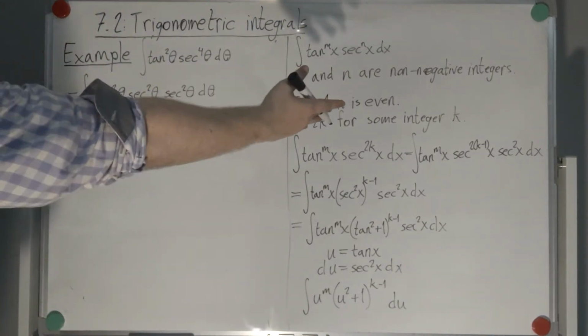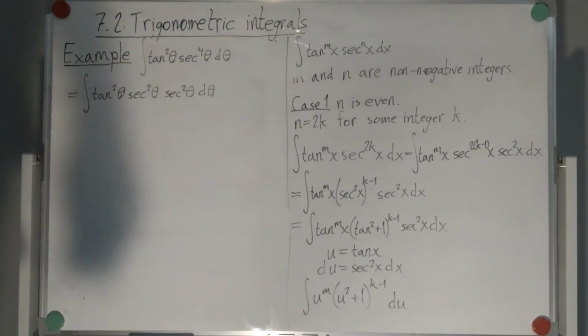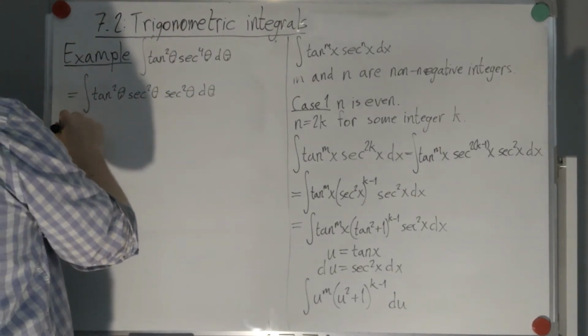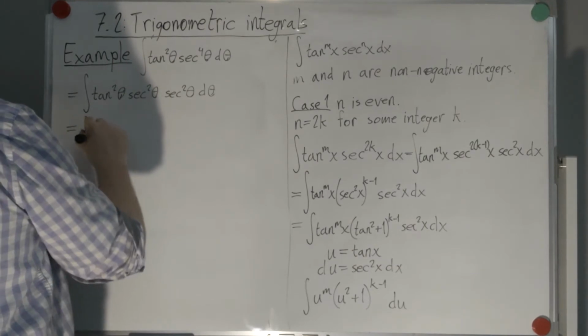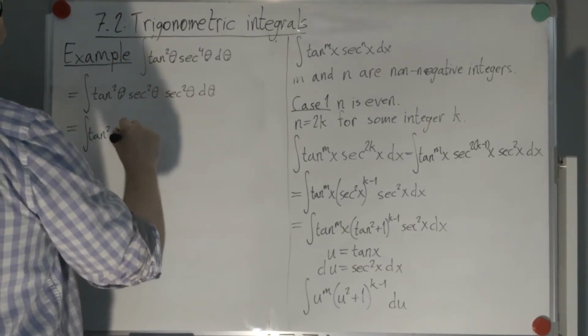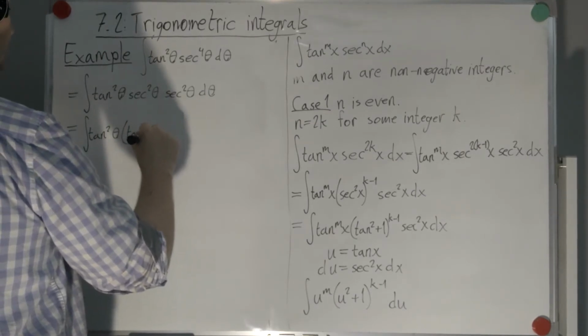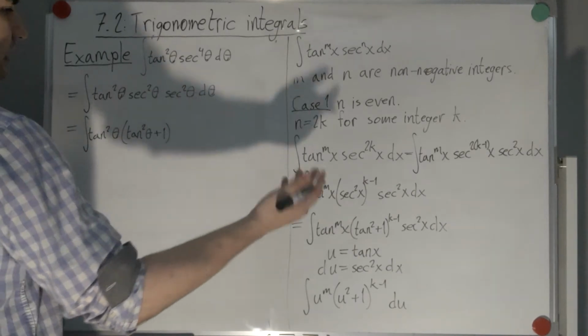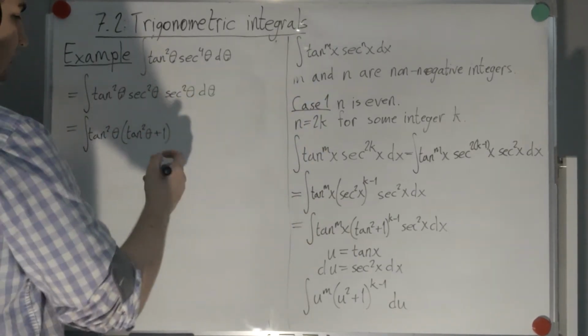In this case, what we've called k is actually 2. Now, those remaining factors can be understood as tangent squared theta plus 1 raised to k minus 1. In this case, it's just 1.